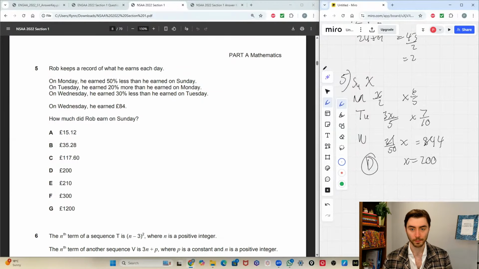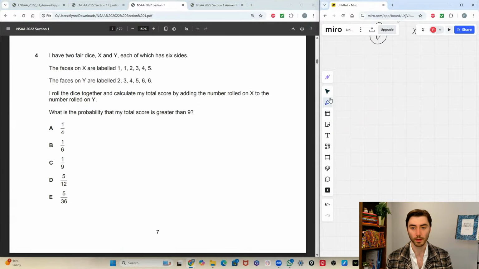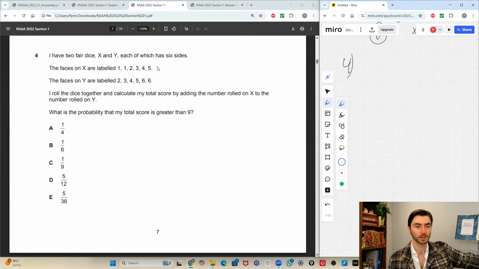Okay, split time. 4. 2 fair dice, x and y, each of which has 6 sides. Roll the dice together and calculate my score by adding that to that, the probability of the score being greater than 9.